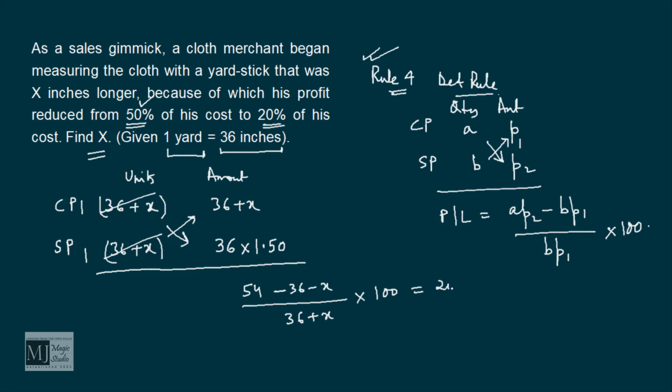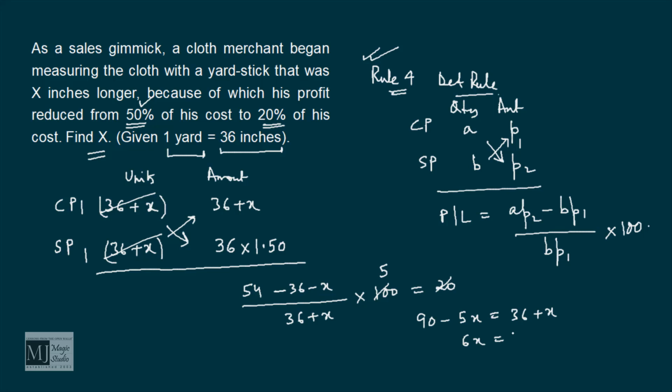The new profit is 20%, so let me have this as 5. So we'll have 54 into 5 minus 36 into 5. 54 minus 36 is 18, into 5, 90, minus 5X equals 36 plus X.